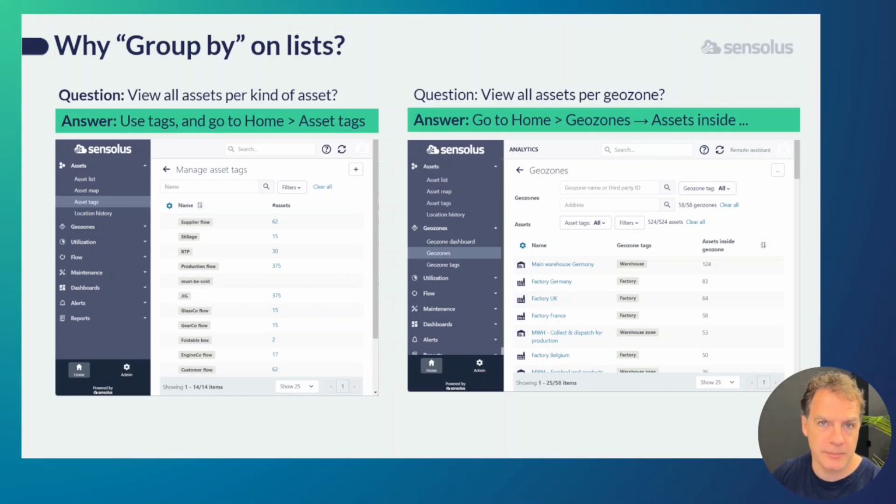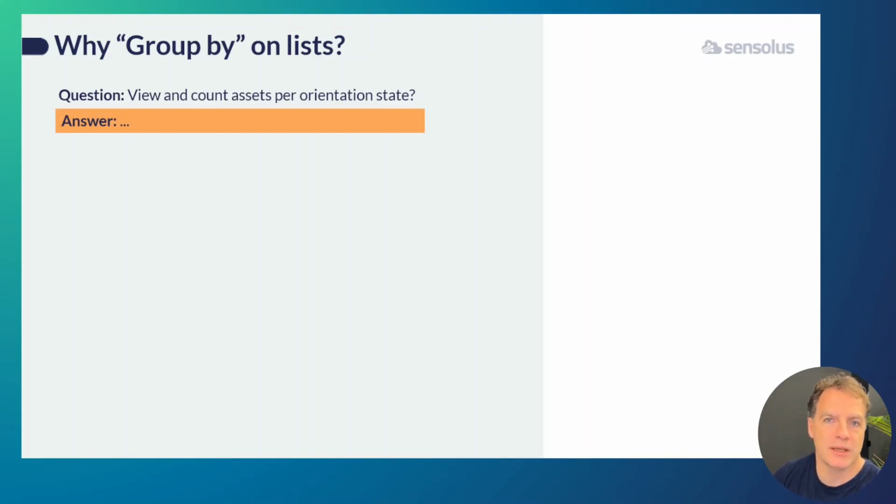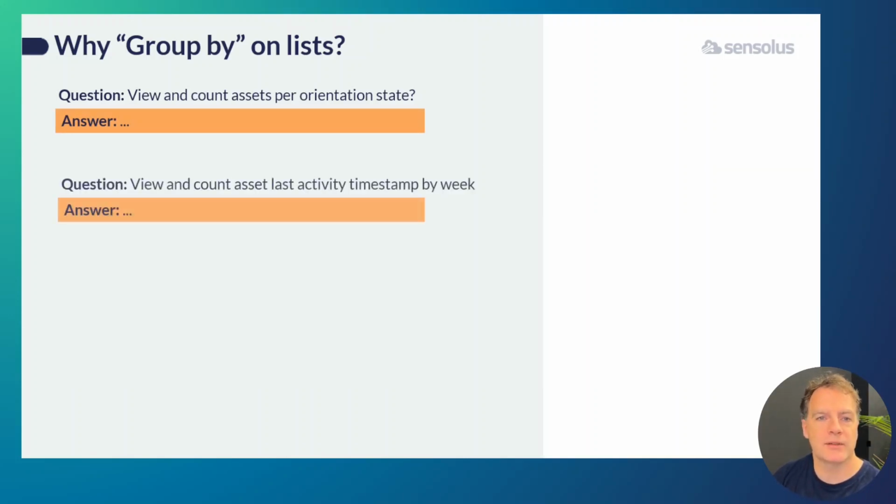So these are examples where the visualizations already exist, but sometimes it happens that, for example, if people use the orientation, the tilt detection function of the trackers, the question comes, okay, can I view and count assets per orientation state? And currently we have not so great an answer.